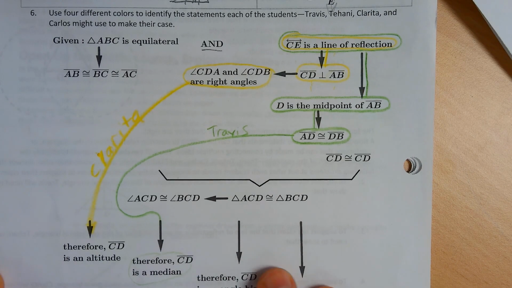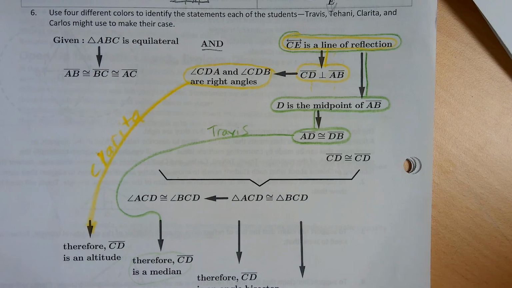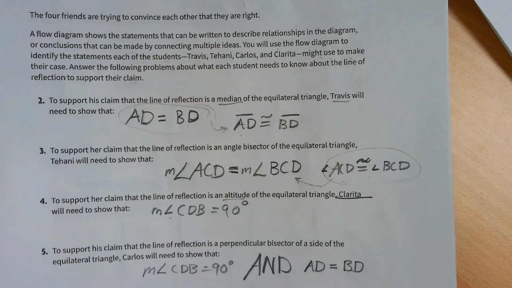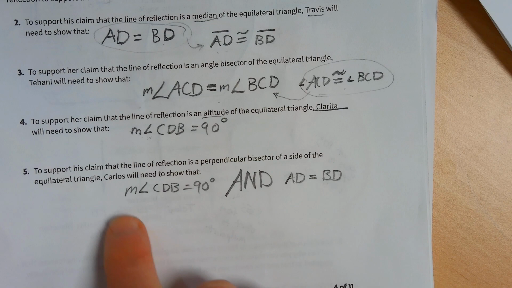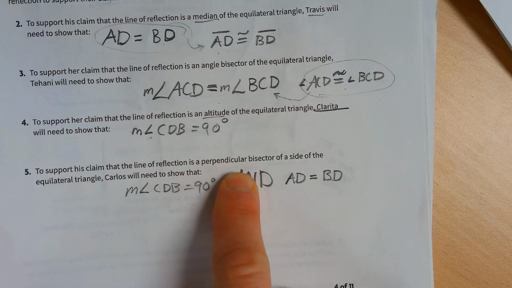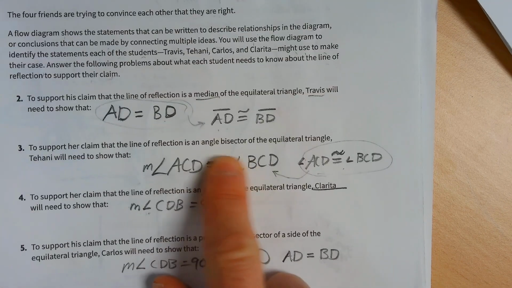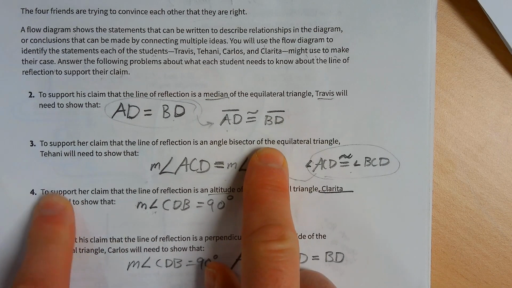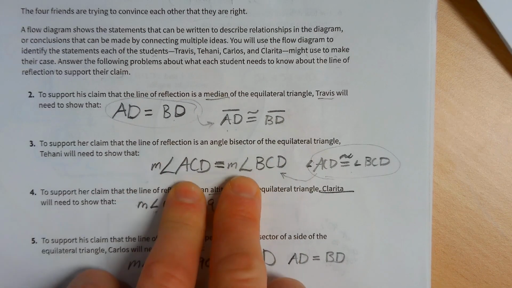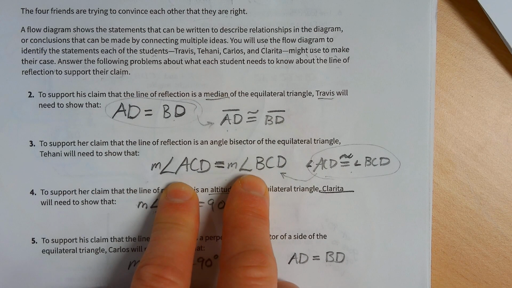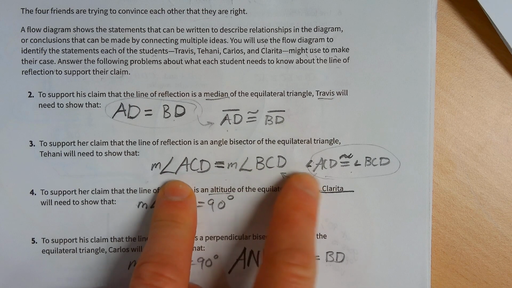Next, Tahani needs to prove it's an angle bisector. What will support her claim? Angle bisector. Tahani will need to show that these two angles equal each other, which we can get if we know that they're congruent.